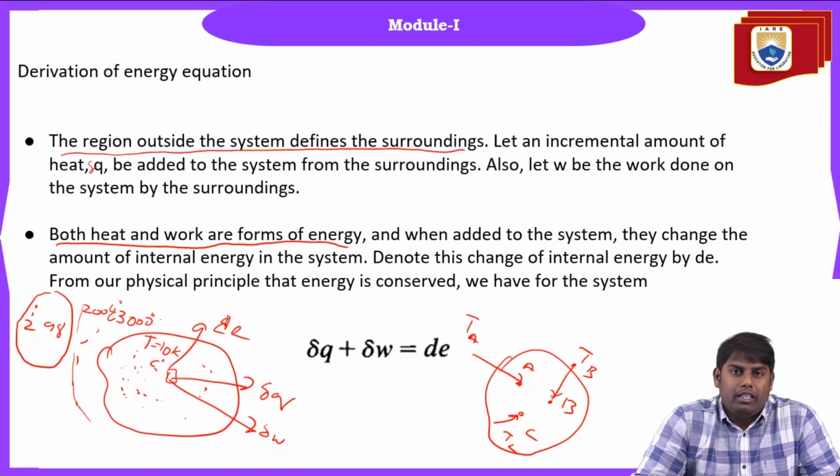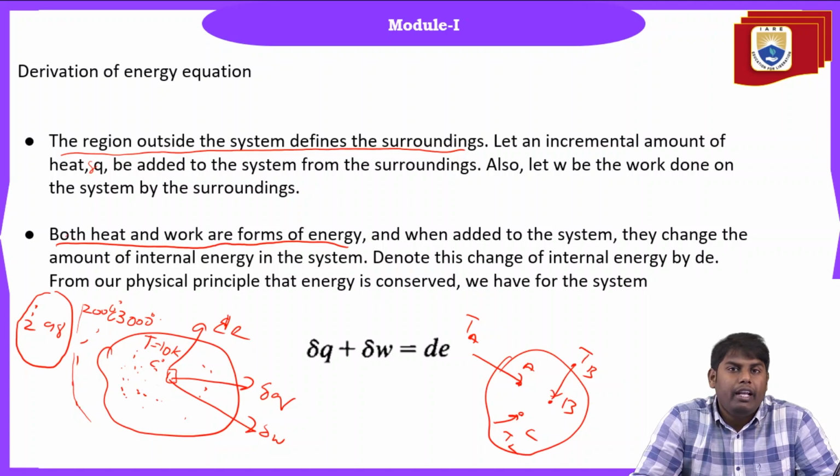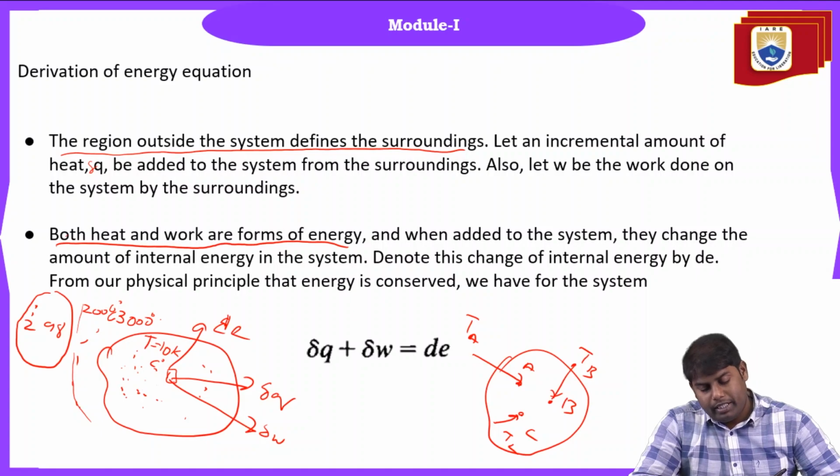So we are applying some heat at points A, B, C. Once a particle or molecule gets heated up, the energy changes such that they occupy thermal energy and move randomly from one point to another.